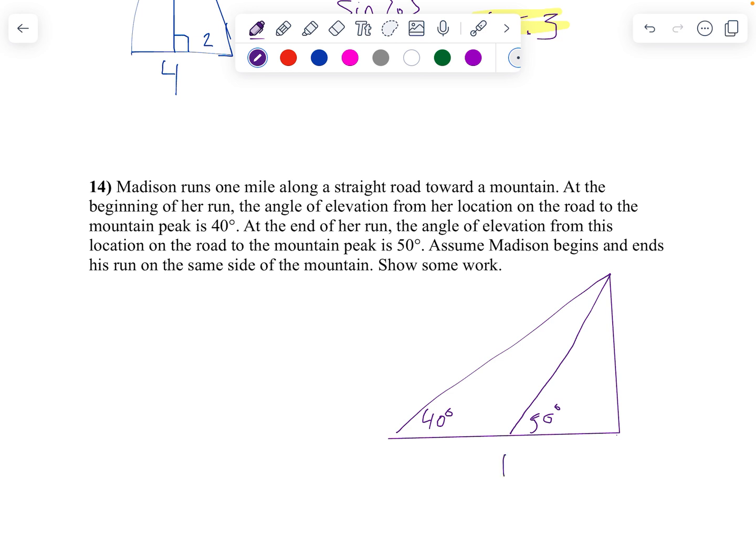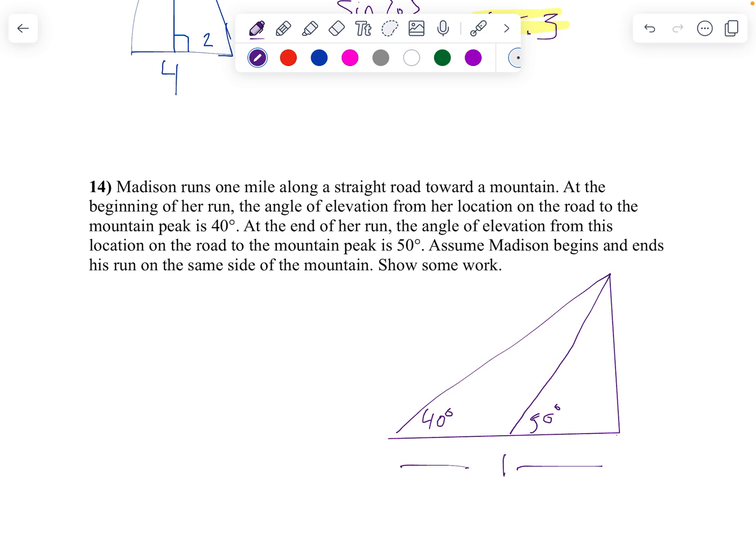I didn't put my 1 mile in here, so we know this whole length is 1 mile. Okay, I didn't tell you what to solve for. I want to know how far Madison is from the mountain.